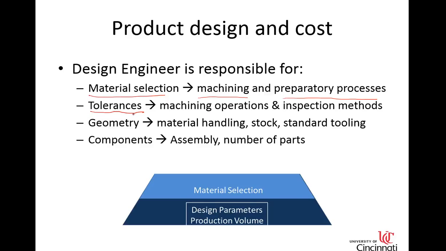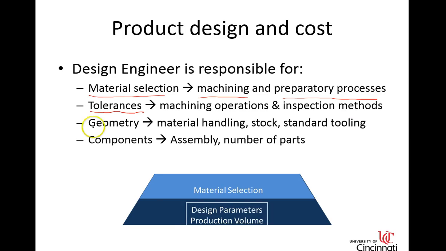You're not going to get the same tolerance trying to saw something as you would laser cutting it, or using an EDM machine, electro discharge machine. So as your tolerance goes up, you start to restrict manufacturing processes, and machining operations and inspection methods also start to become restricted as you start tightening tolerances.